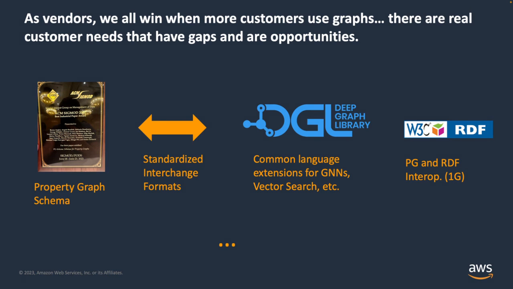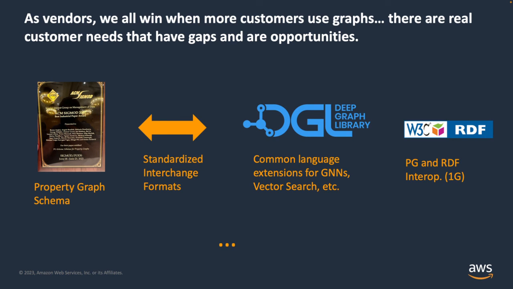Congratulations on the property graph schema work. I think that's super important in this space. Standardized data interchange: why don't we have a property graph interchange standard? Could we make it a lot easier for people to take data where they are, in data lakes and Parquet, and project it into graphs in a way that would work across different vendors? That would help a lot of customers.